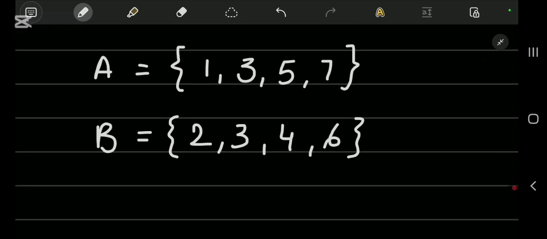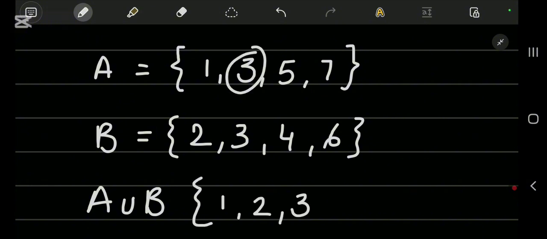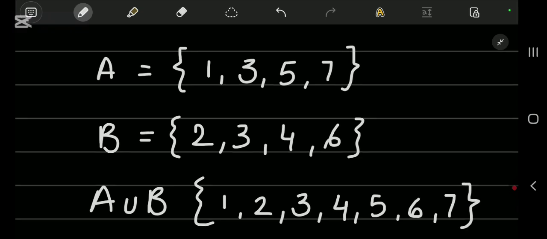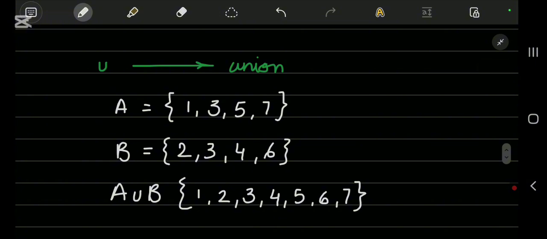Union means you have to merge A and B. You have to write all the elements that are in A and all the elements in B, but do not write the common one twice. So A union B would be 1, 2, and 3 is in both, so we will not repeat it, we will just write it once. So 3, 4, 5, 6, 7. Okay, so this is how we write the union.